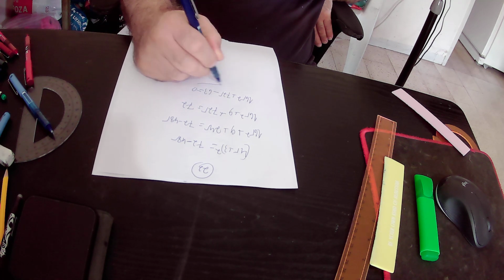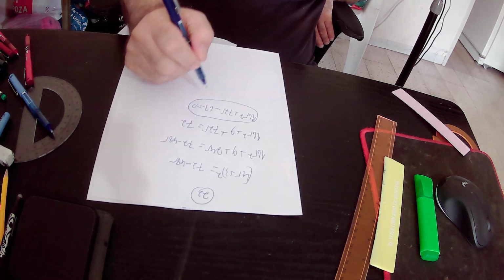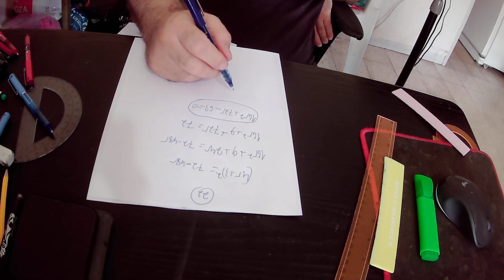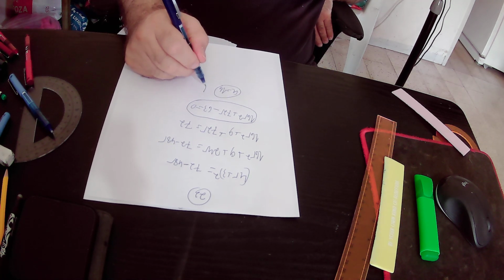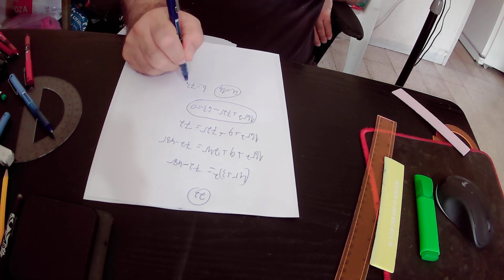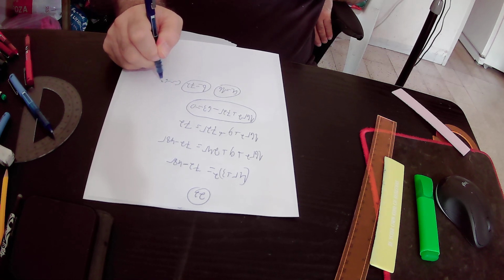So here we got a quadratic equation, and the coefficients of this quadratic equation are a equals 16, b equals 72, and c equals minus 63.